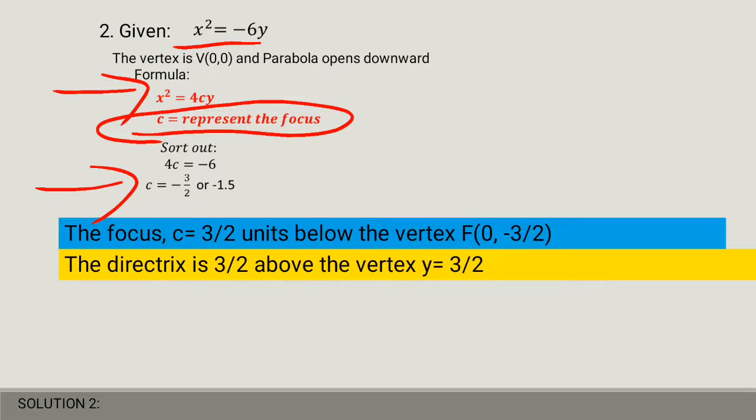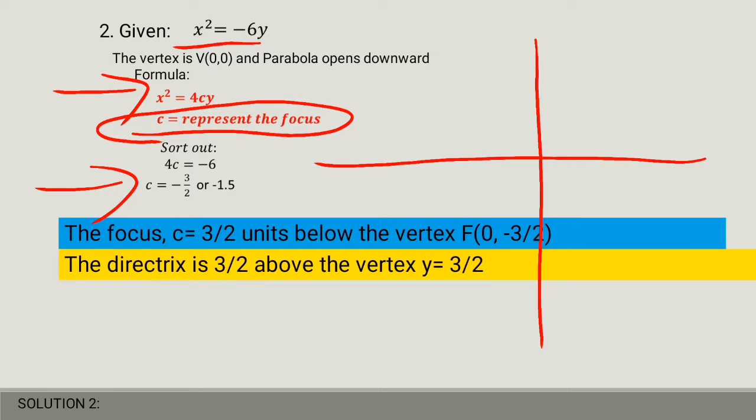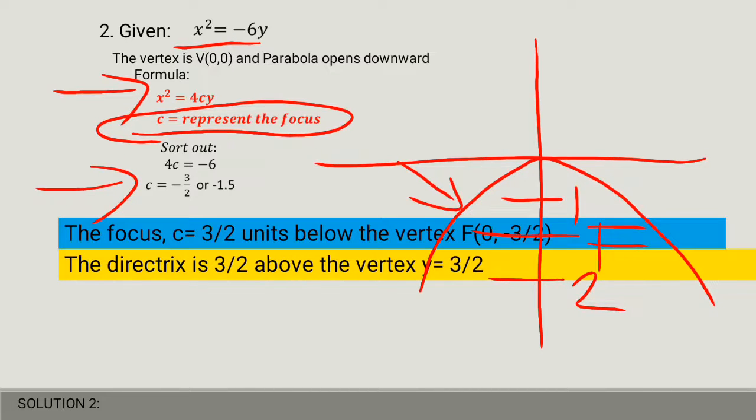Ngayon, para makuha natin ang focus at directrix, since ang ating parabola ay opening downward, ang focus po laging inside the parabola. Okay? Since inside the parabola, so meron tayong 1, 2, narito po yung ating focus. Ayan. Meron tayong value ng focus that is (0, negative 3 over 2).